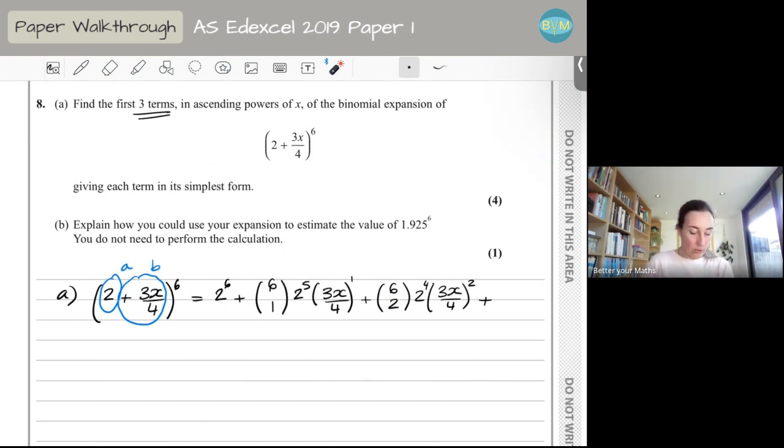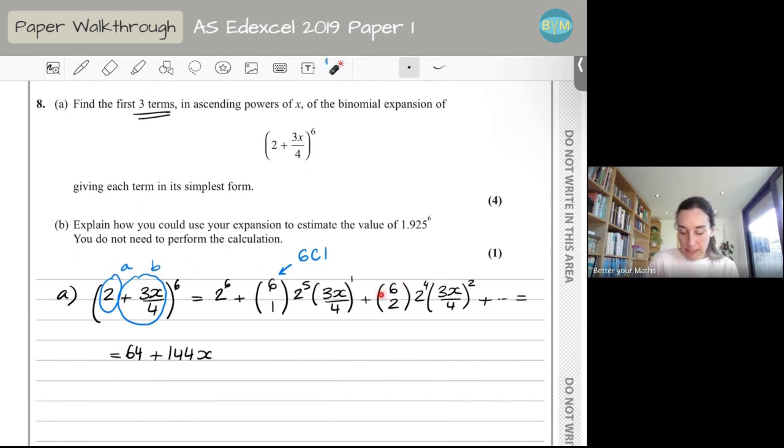So we do 2 to the power of 6, which is 64. So this is equal to 64. And then remember, we do this with the calculator. You do 6 chooses 1, which is 6. And then we do 6 times 2 to the power of 5 times 3/4, which is 144. So plus 144x.